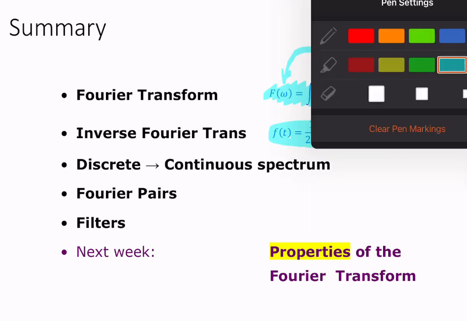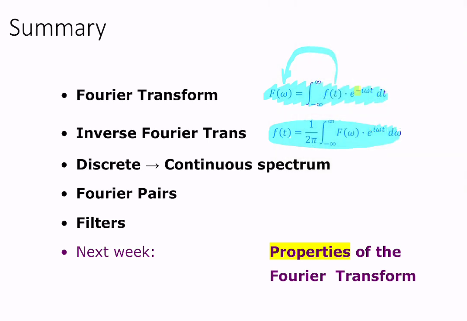Let me just remind you of the key differences. We said that that minus sign is absent here. We're not integrating over time, we're integrating over frequency. We divide by 2 pi because we're using omega as our variable.